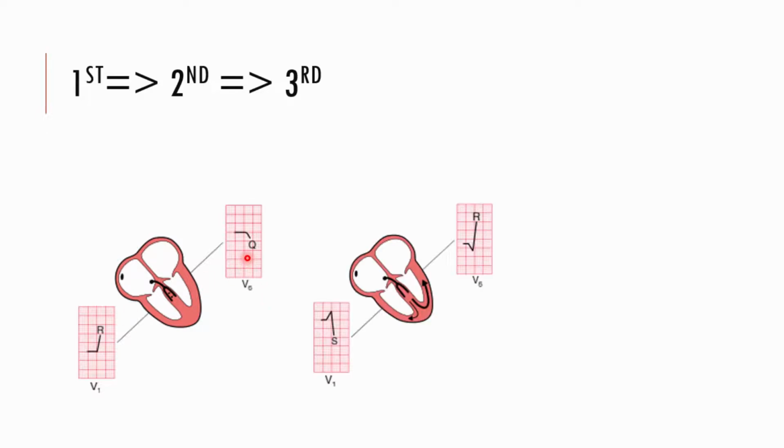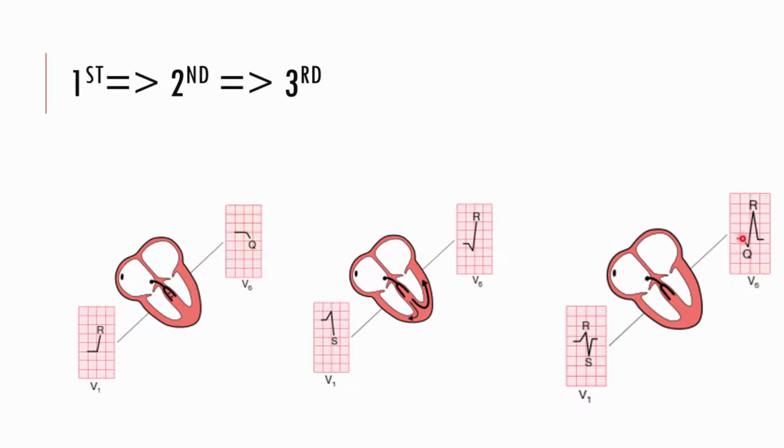Then in the second phase, you get a downward deflection in lead V1, whilst you get an upward deflection of the R wave here. Remember, here you only have an RS wave, no Q wave, but here you have a Q, R, and S wave, which is what's happening in the third stage, where the R wave returns to baseline.